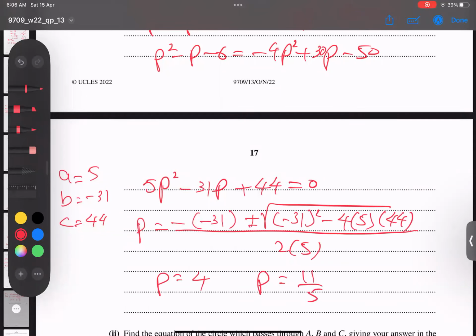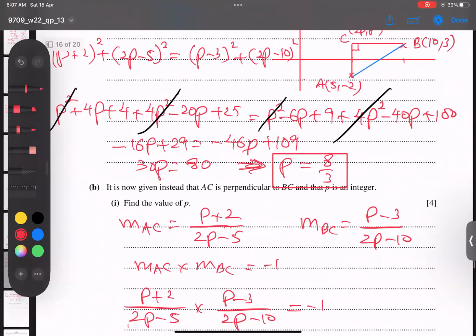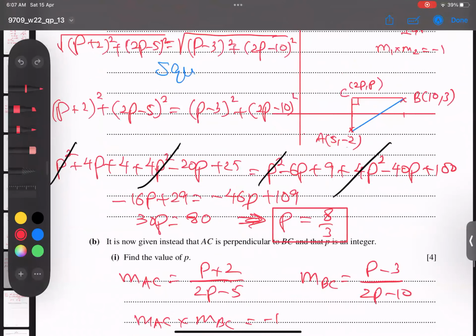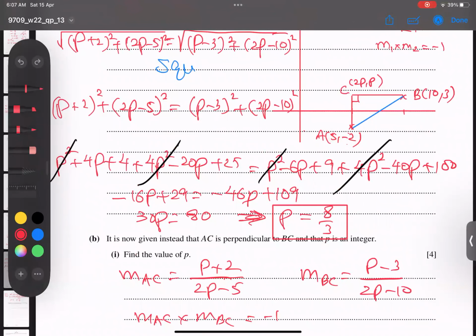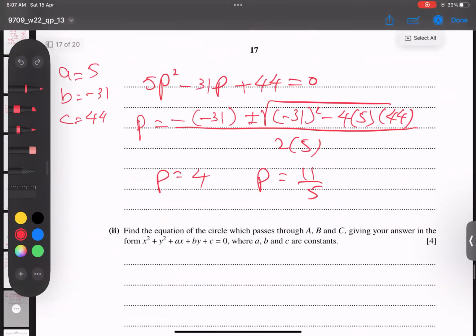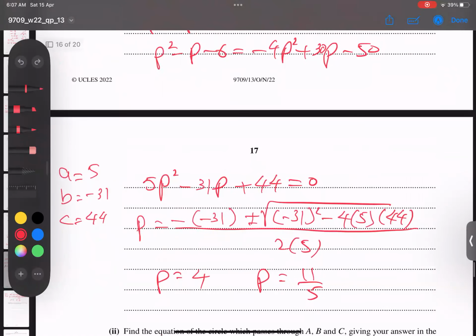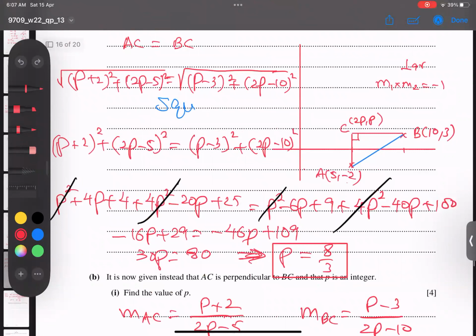Okay, so let's see which is correct. Because he said to find a possible value, not values. So one value is there. So we are not sure, but one thing is very clear. Which one is the correct answer? P equals 4 and P equals 11 over 5.